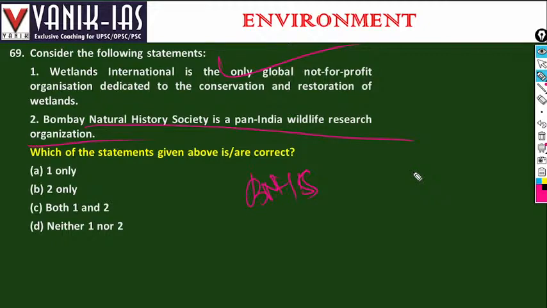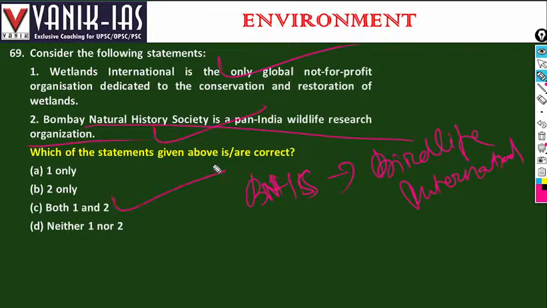Bombay Natural History Society is the largest organization. BNHS is also affiliated to BirdLife International. Remember, BirdLife International. Both the statements are correct with respect to Bombay Natural History Society.